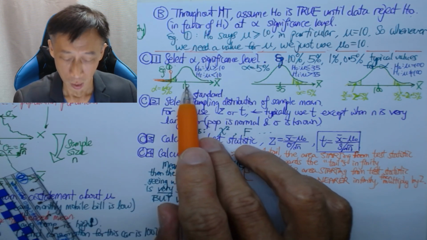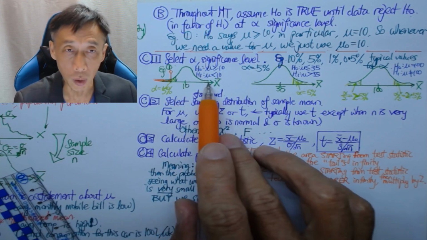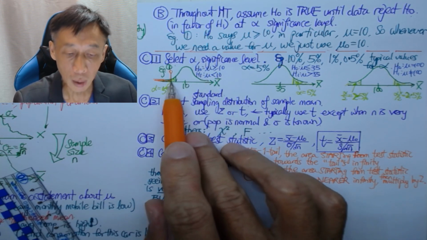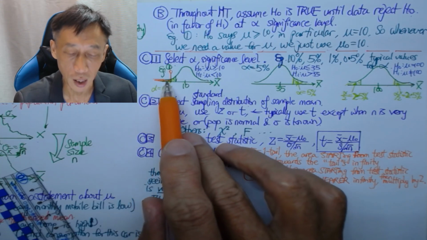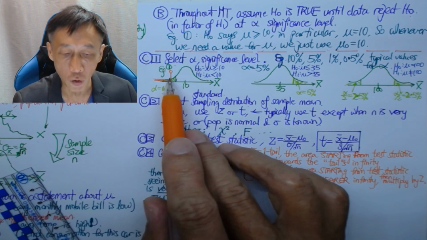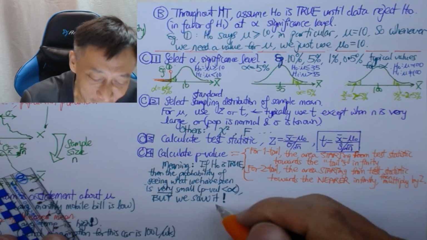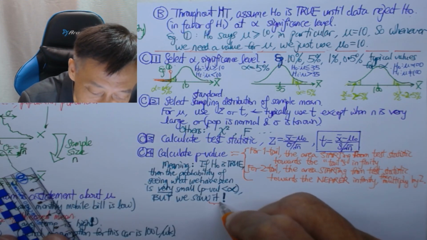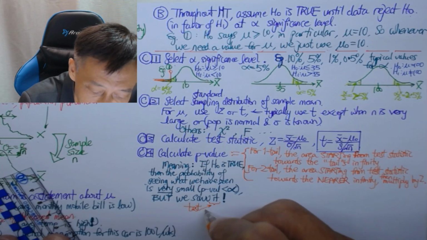So if we assume the monthly bill payment is expensive, like $10 or more, then how come our test statistic is indicative of a very small p-value? The p-value means the probability of seeing what we have seen. What have we seen? We saw it. What is this it? This it here is the test statistic, right?